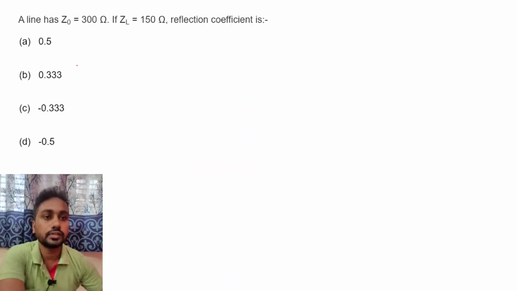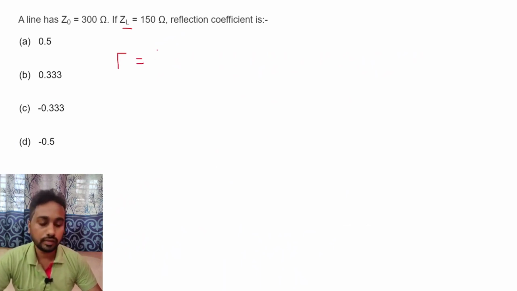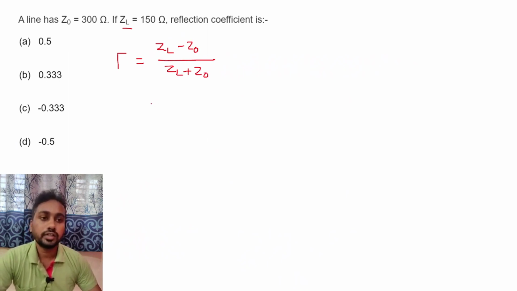Okay, next we'll see. A line has Z0 equal to 300 ohm. If ZL equals 150 ohm, we need to find the reflection coefficient. The reflection coefficient is ZL minus Z0 divided by ZL plus Z0, where ZL is the load impedance and Z0 is the characteristic impedance.